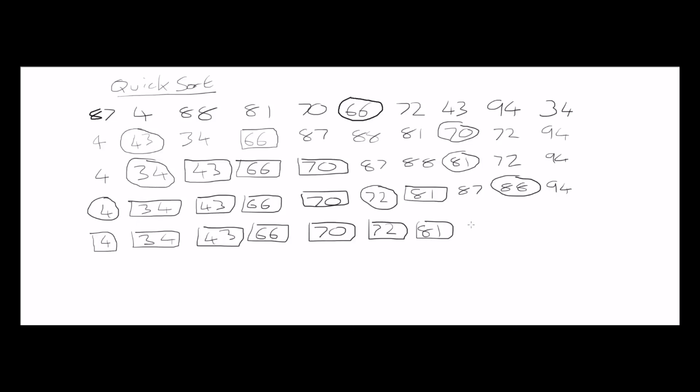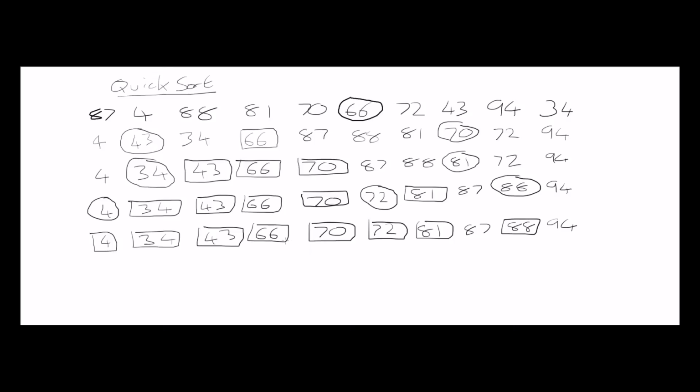So I'm going to pick 87 here to go on the left hand side. 88 stays where it is. Put a box around that. And 94, because it's bigger than 88, goes on this side.